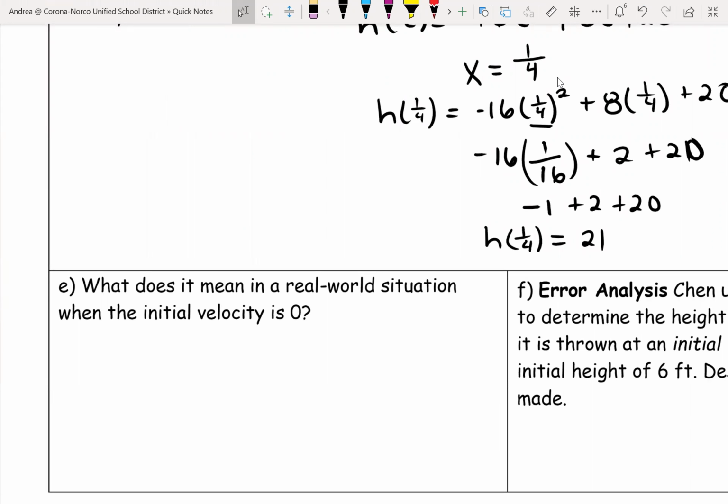What does it mean in the real world situation when the initial velocity is 0? Would I have a problem if something wasn't moving? No. So we wouldn't even have a velocity problem if something was standing still, right? So you need a velocity problem that would have an initial velocity of 0.